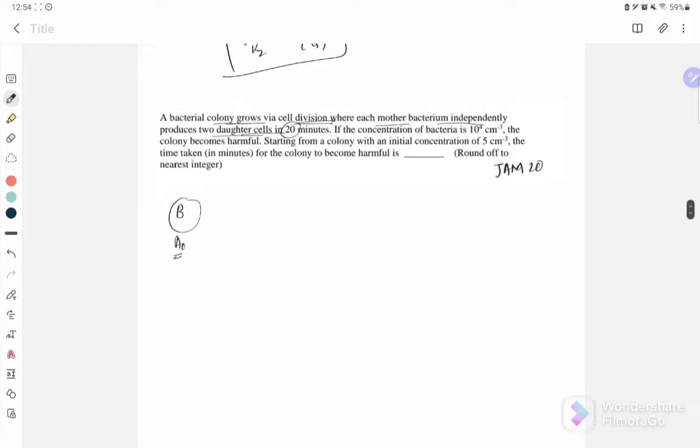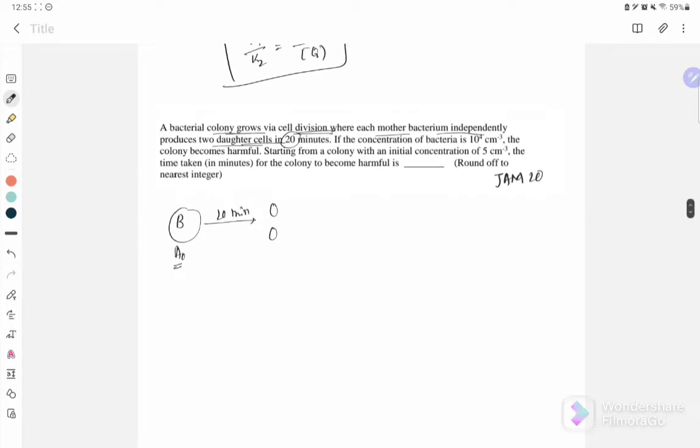At 20 minutes it will produce 2 daughters. After another 20 minutes it also produces 2, from here 2, from here 2, so in total it is 4. Another 20 minutes, it will produce 8, from each of these, so total 8.